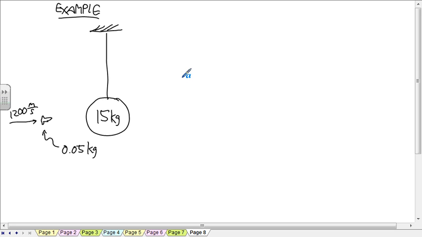To do this, this is called a ballistic pendulum, by the way. You break this whole set of events into two separate parts. The first part is just the collision.